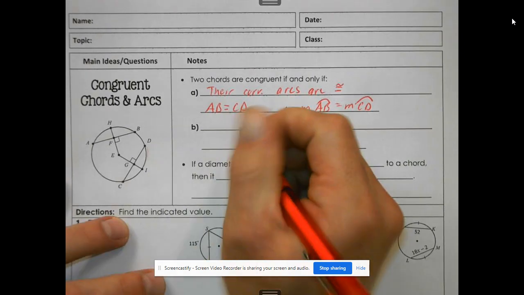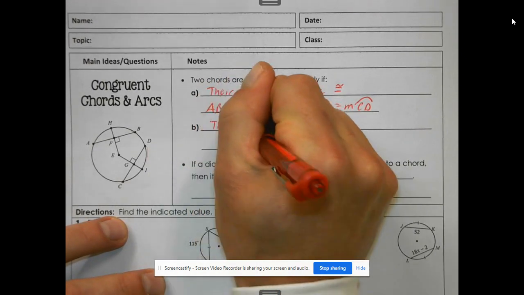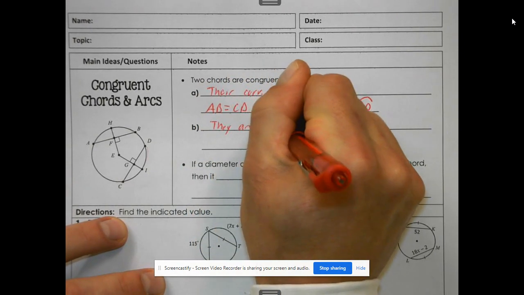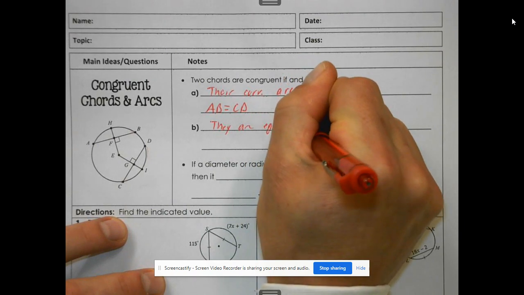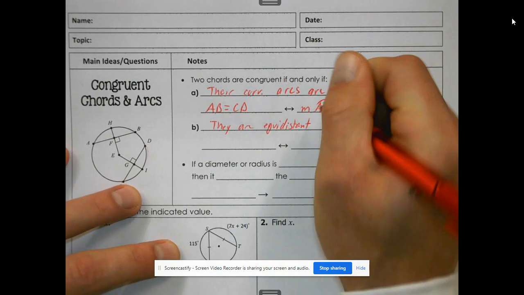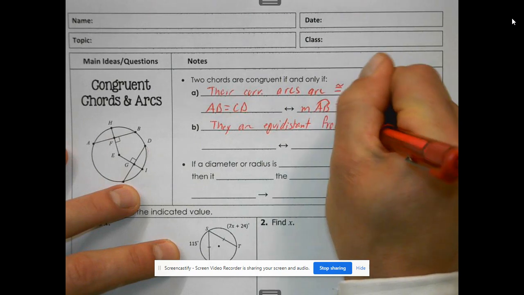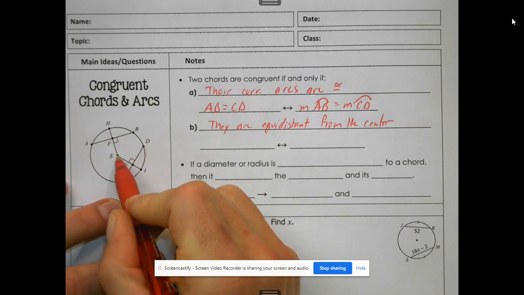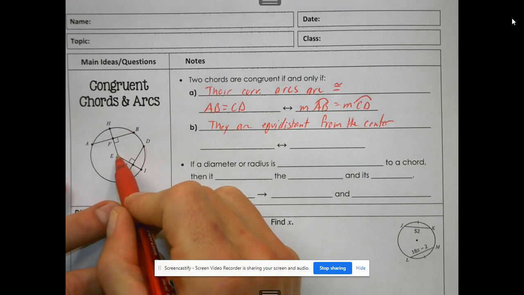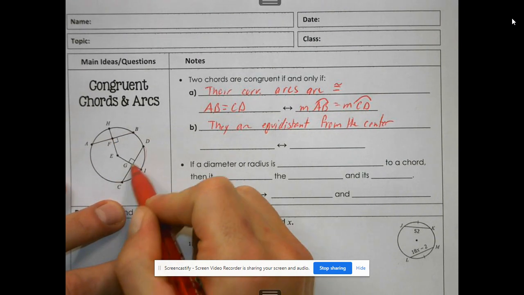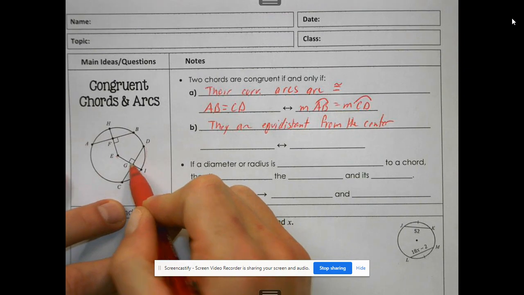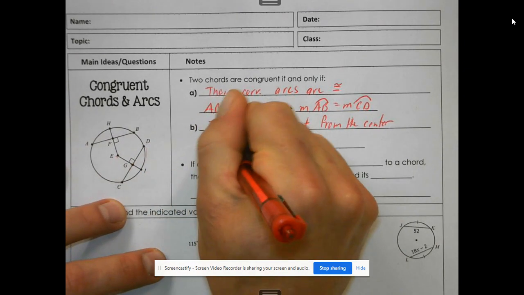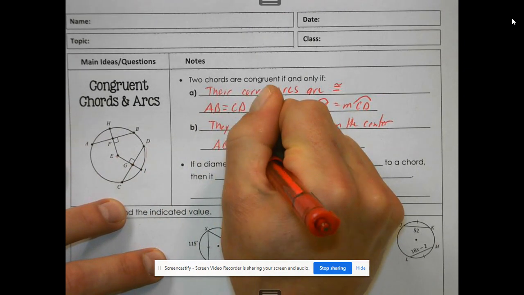B, they are equidistant from the center. So in other words, if this chord is equidistant from the center and this chord is equidistant from the center, then I can say this: AB equals CD.